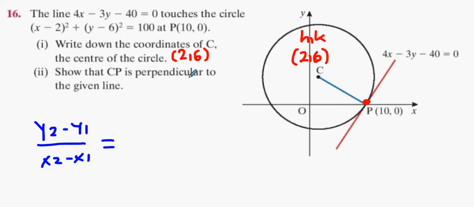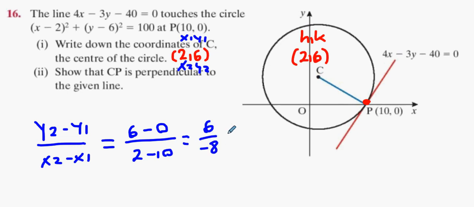And what was your x1, y1? So x1, y1 is 10, 0, and x2, y2 is 2, 6. So 6 take away 0, divided by 2 take away 10, 6 over minus 8, which is minus 3 over 4.